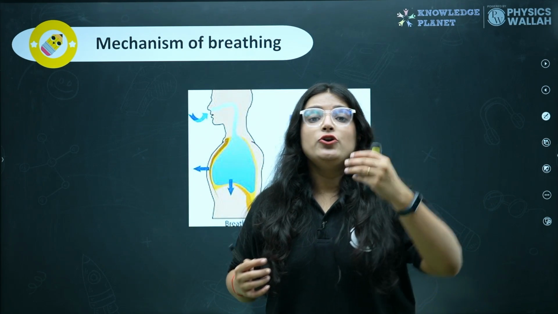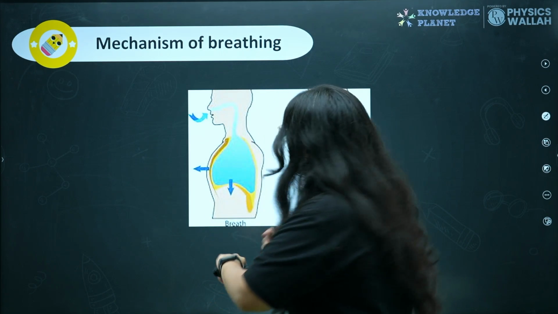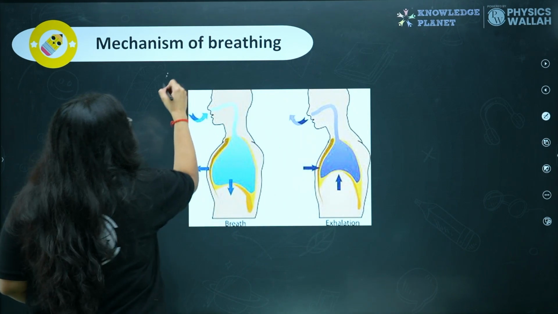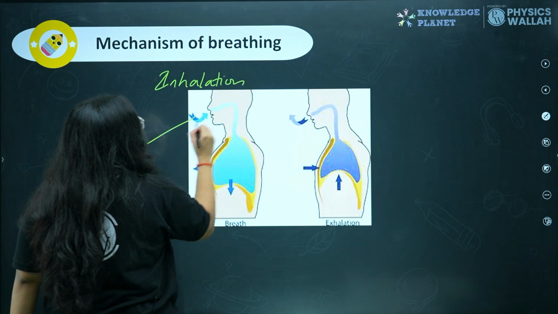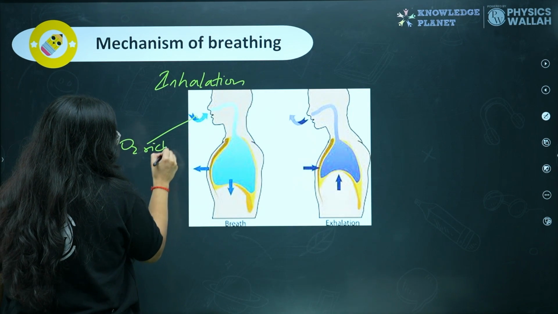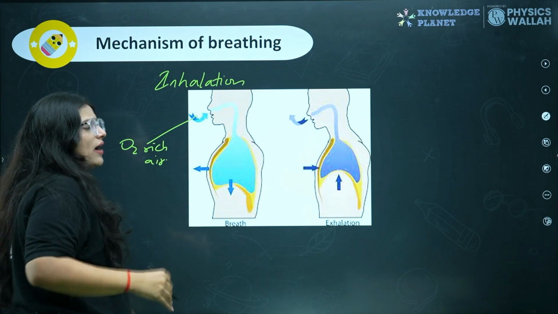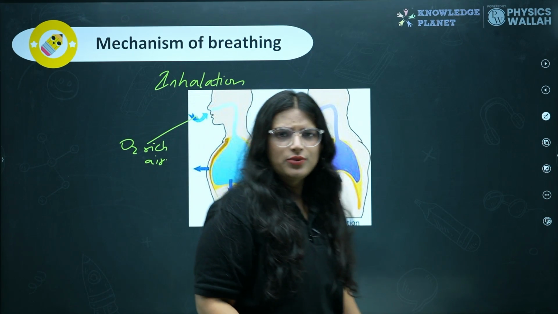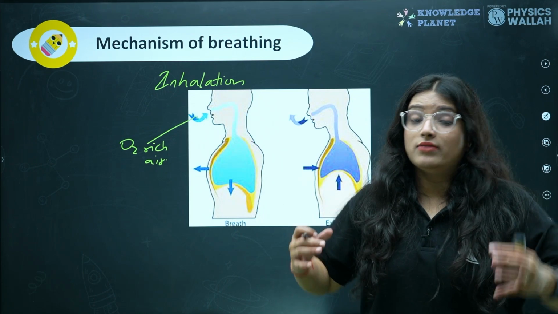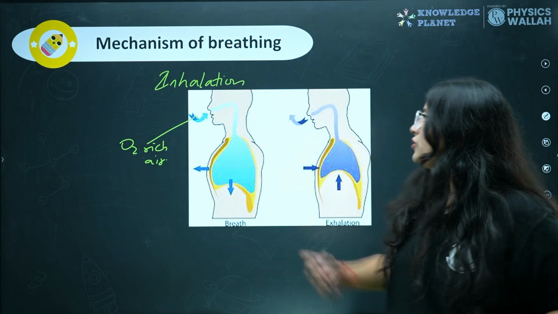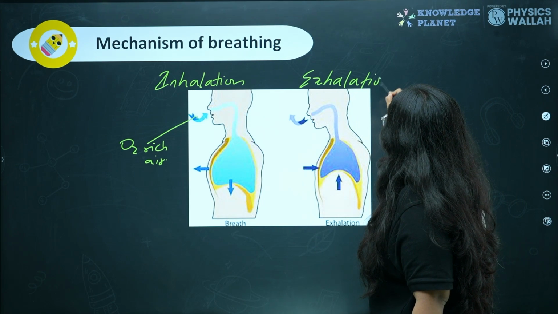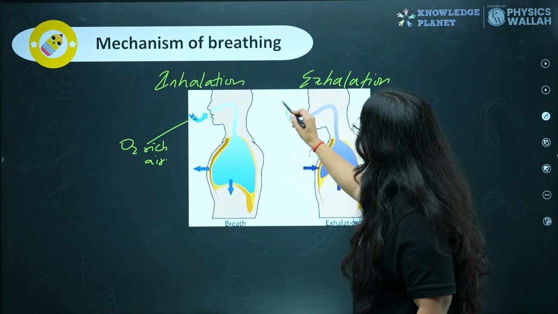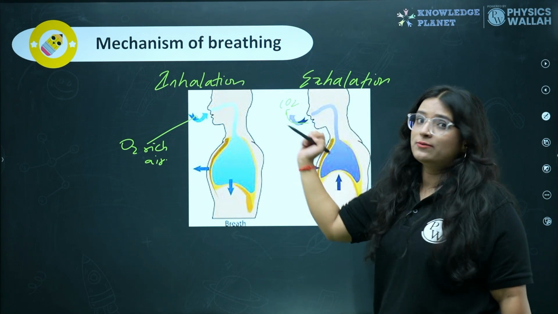Inhalation means to take in oxygen-rich air. Then we have to give up the carbon dioxide out of the body, because otherwise it is going to be harmful. So the next step is exhalation, to give out carbon dioxide-rich air into the atmosphere.